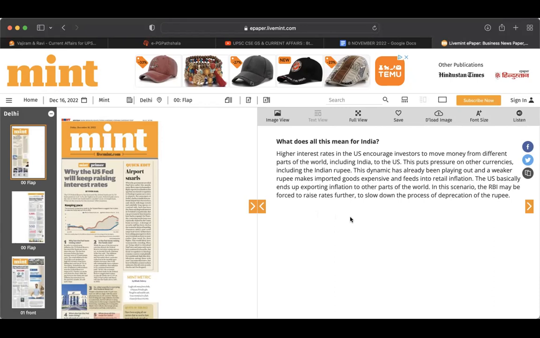We are seeing that the Indian rupee has depreciated by almost 10%, and it is one of the weakest currencies. This has already been playing out, and a weaker rupee makes imported goods expensive, and it feeds into retail inflation. This is known as imported inflation.